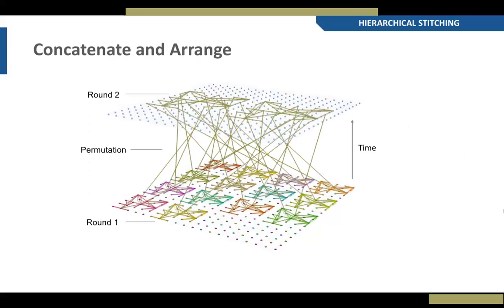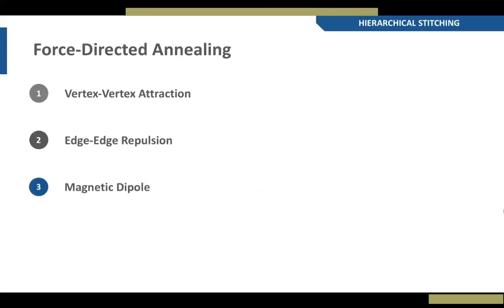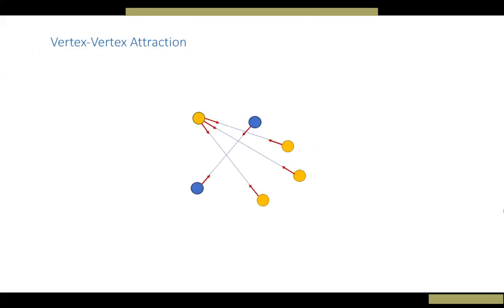And so we developed a set of force-directed annealing heuristics that we're going to use to smooth out this congestion all throughout the machine. The first thing we did was we just tried to shorten edges. Some of these were inspired by nice graph drawing techniques.